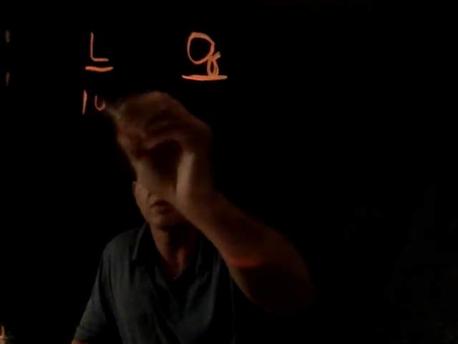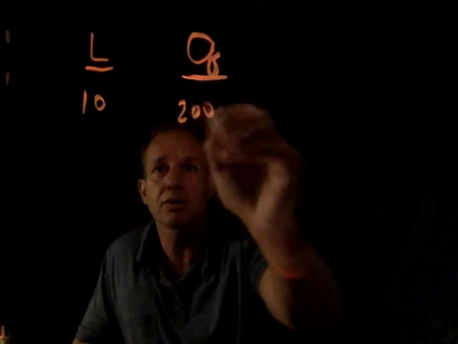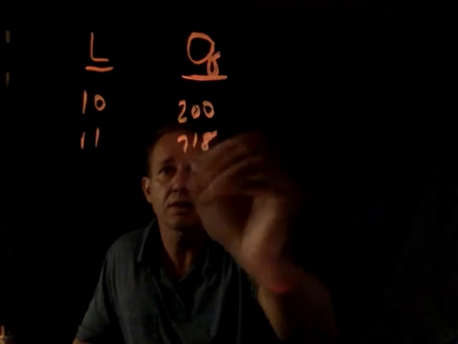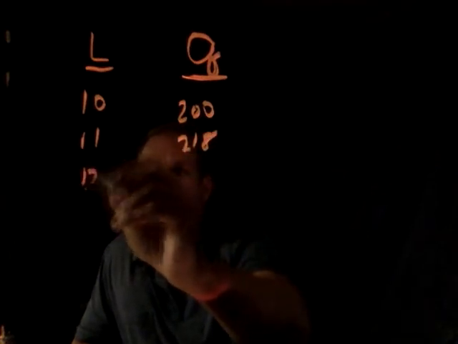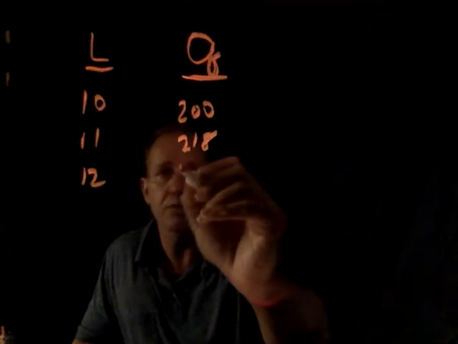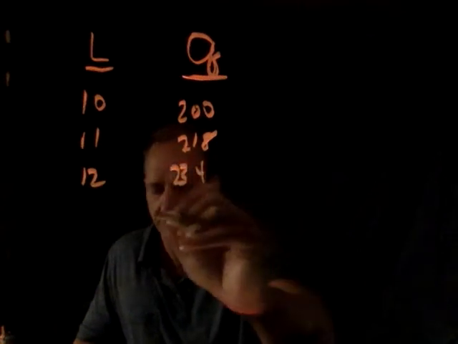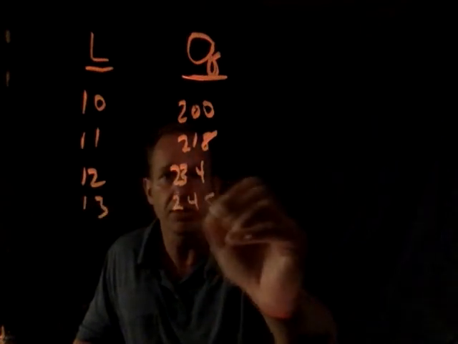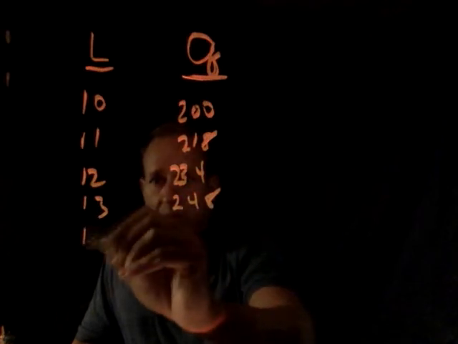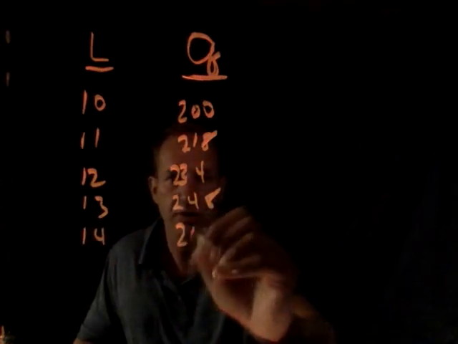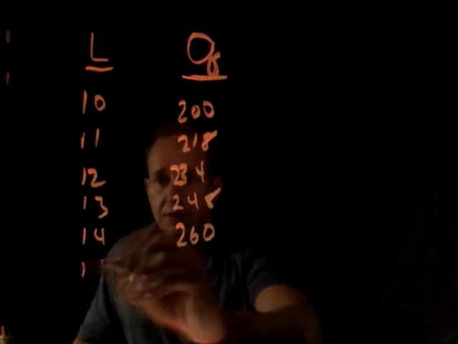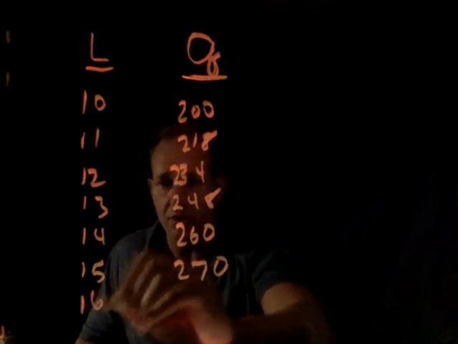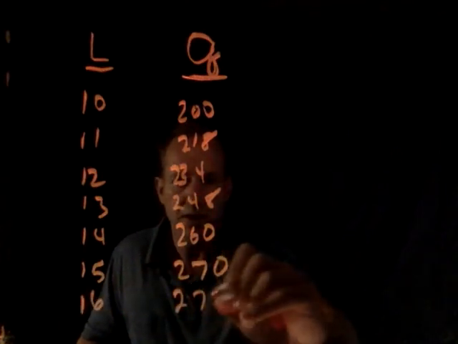We have 10 workers being able to produce 200 units. 11 gets us to 218. 12 gets us 234. 13 workers, and we could have 248 units produced. 14 workers gets us to 260 units. And 15 workers gets us 270 units. 16 workers, and we're at 278 units.